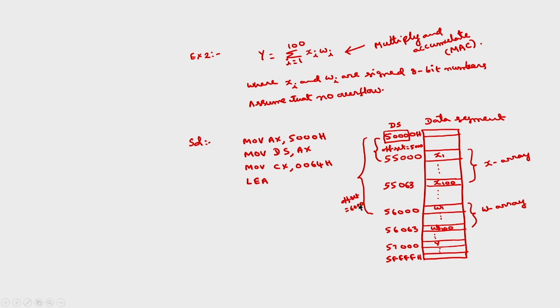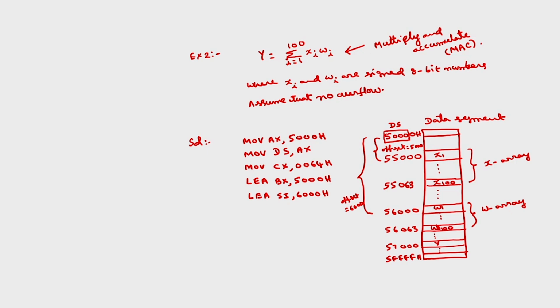So, I am taking this 5000 offset where the X array is present onto some register, which can be either BX, BP, SI or DI. Similarly, we can take this 6000 into some other register. I am taking BX with 5000. So, LEA: we are loading SI with the offset of the W array, which is 6000H.